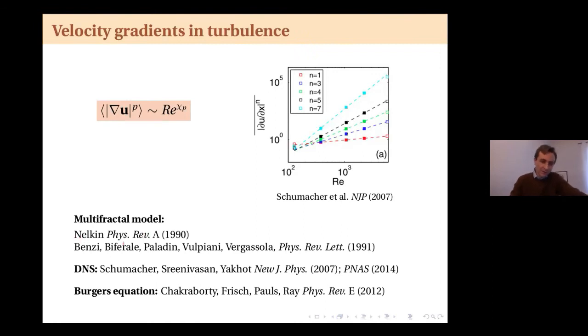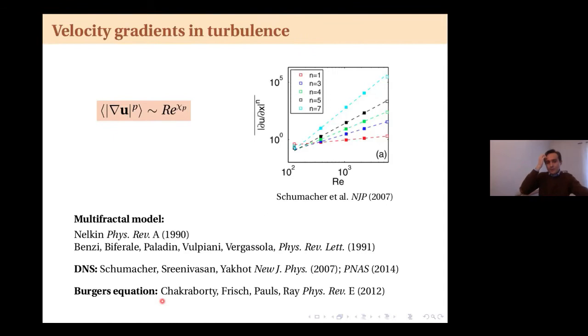And in this famous paper by Nelkin, a relation was given between chi p, the scaling exponent for the gradient, and the scaling exponent which gives the anomalous scaling of the velocity structure functions. Then the same quantities have been studied numerically in direct numerical simulations of Navier-Stokes and in the Burgers equations.